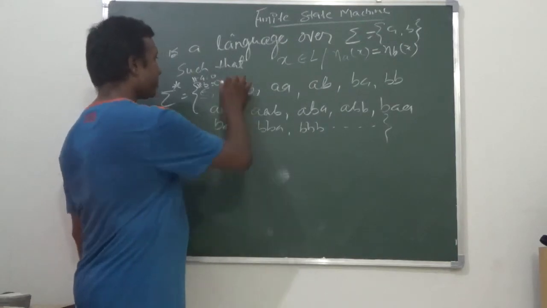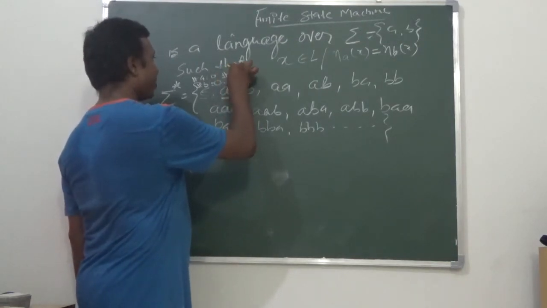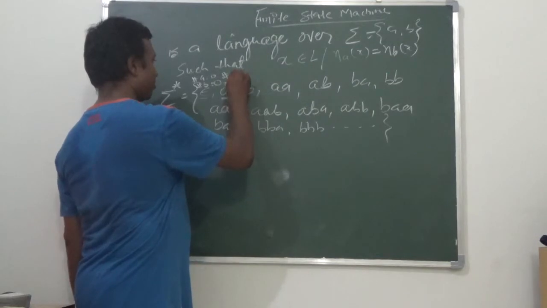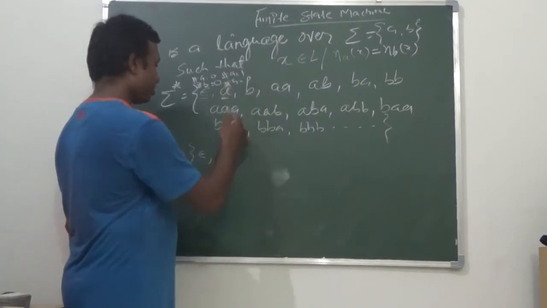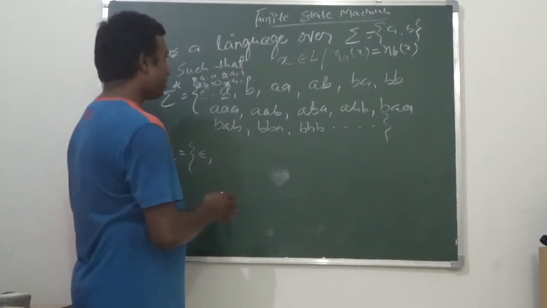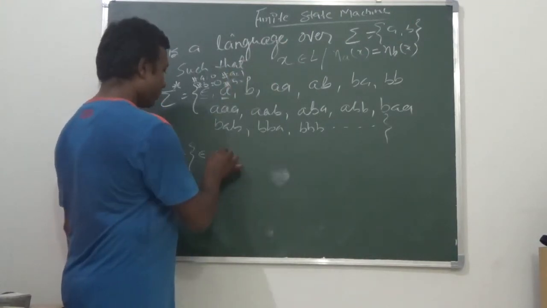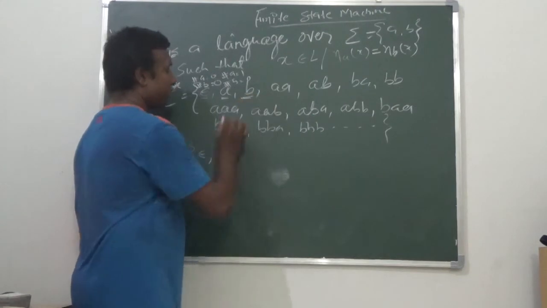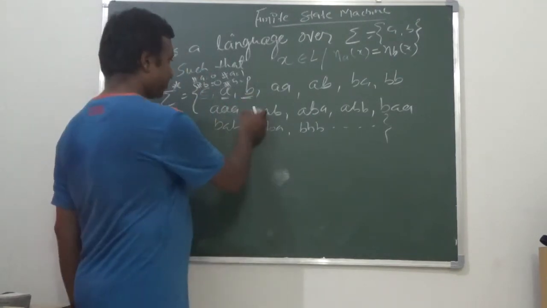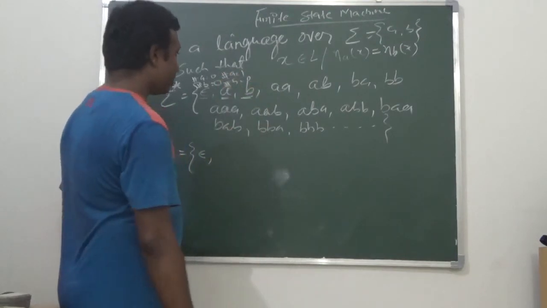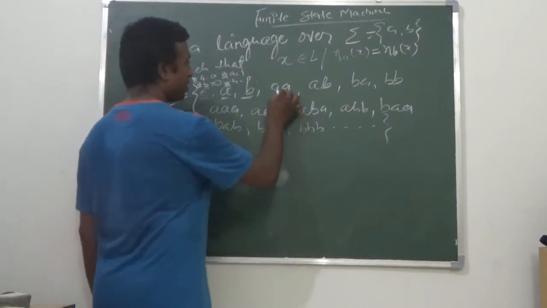What about A? The number of A equal to 1, the number of B equal to 0, because there is no B. Both are unequal, so we are not going to add it. The same case arises with B, so B is not included in the set.